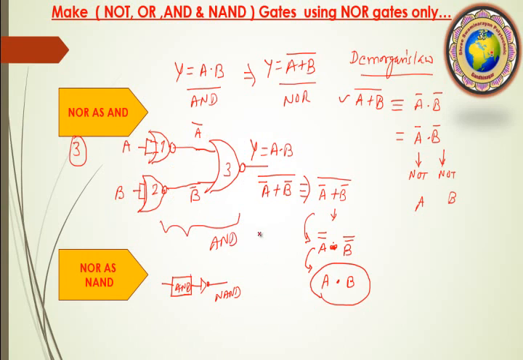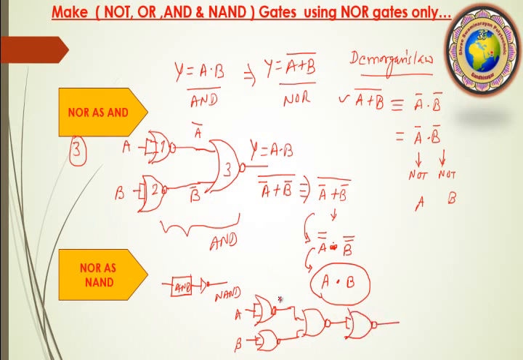So we just add one more gate at the output. This is our one gate, this is our second NOR gate, so A and B, and these two together are using the NOR gate, and this will be inverted by using a NOT gate.